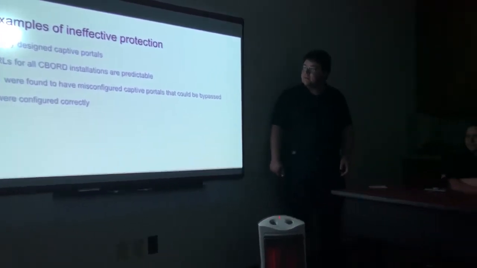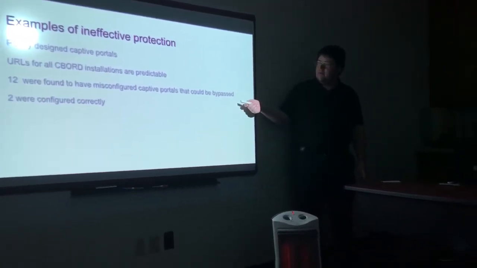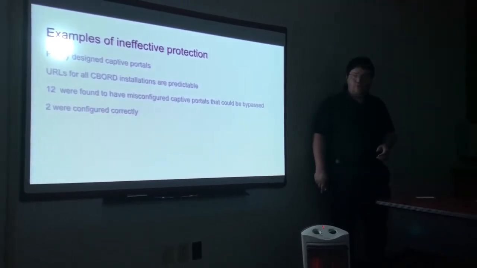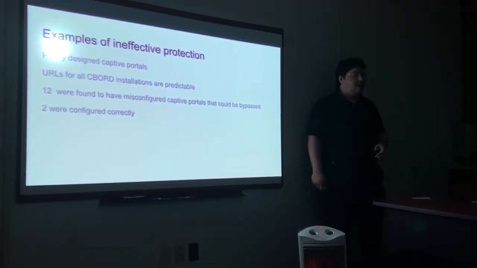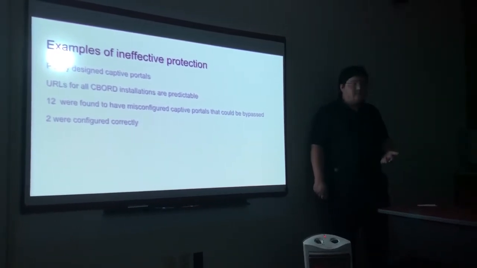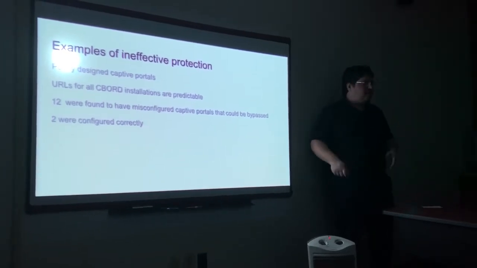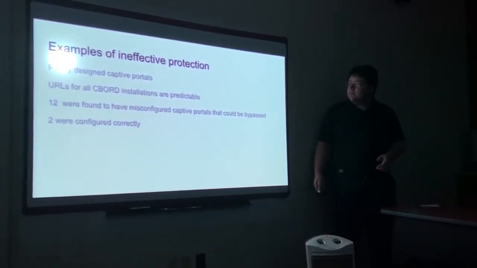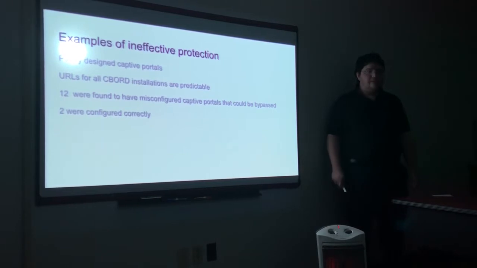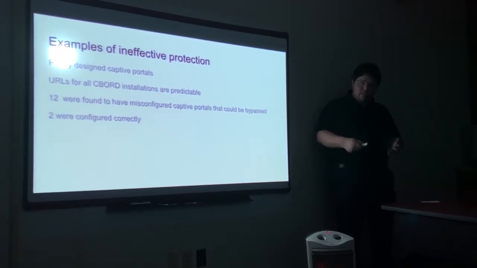So the problem with this: these universities wanted to increase the security, and there were about 14 total that went to the effort of making a captive portal to try to improve things, but 12 of them did not configure the captive portal correctly, so you could just go to the old URL anyways. So the captive portal for these 12 universities offered no additional protection. But these universities thought it was a really good thing. Two of the universities actually did it right, and it actually protects. And you can't get to the website to get to somebody's card unless you already logged in.